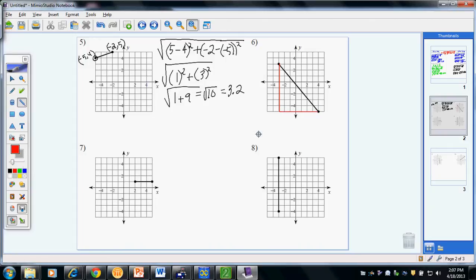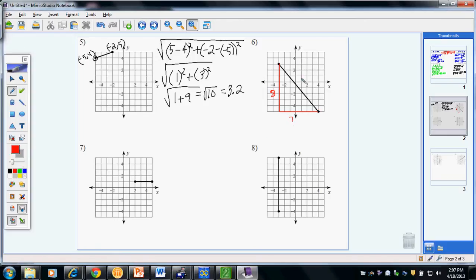Okay, so our triangle, if we looked at distance, what we were talking about earlier today, from here to here we have 1, 2, 3, 4, 5, 6, 7, 8. So our distance here is 8. And here on the x-axis, the change in x's is 1, 2, 3, 4, 5, 6, 7.